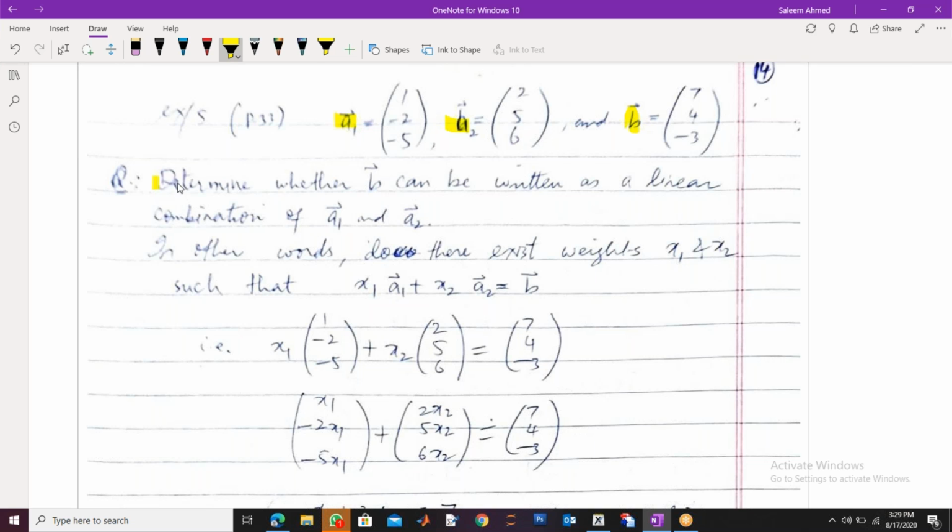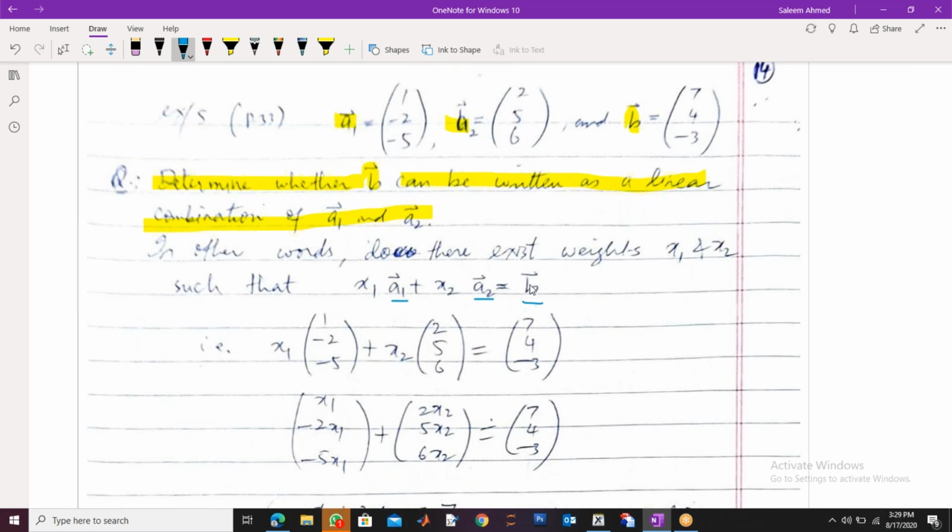The question is, determine whether this vector b can be written as a linear combination of a1 and a2. What does that mean? It means, can we write b as a linear combination of a1 and a2? What is a linear combination? Multiply some number with a1 plus multiply another number with a2, and the answer should be equal to b.